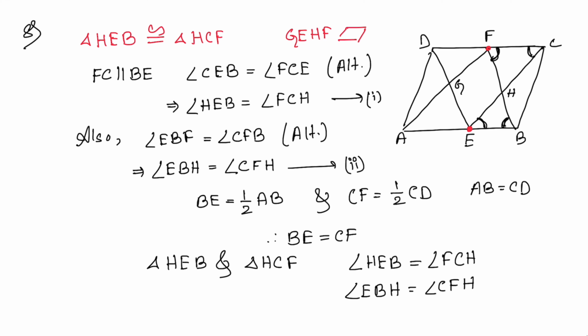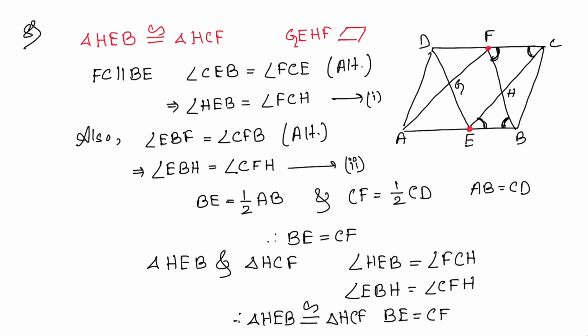And the third one here, BE is equal to CF. Okay, so that means here triangle HEB is congruent with triangle HCF, by the ASA congruency rule. So it's proved.